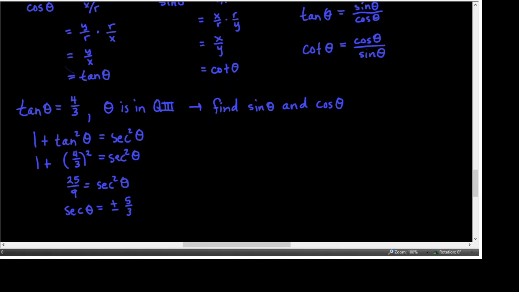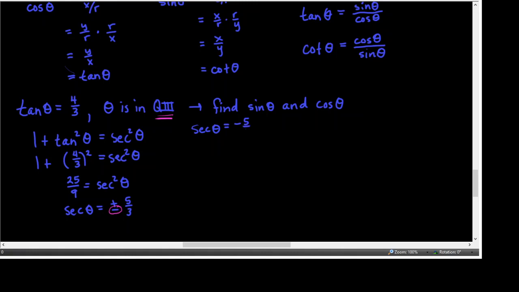And then we have to pay attention to the information that theta is in quadrant 3. In quadrant 3, all students take, tangent and cotangent are the only positive trig functions. So secant and anything else in that quadrant would be negative. So I'm going to circle this negative sign to indicate that that's the one I'm interested in. Okay, so now we've established that secant of theta is negative 5/3.